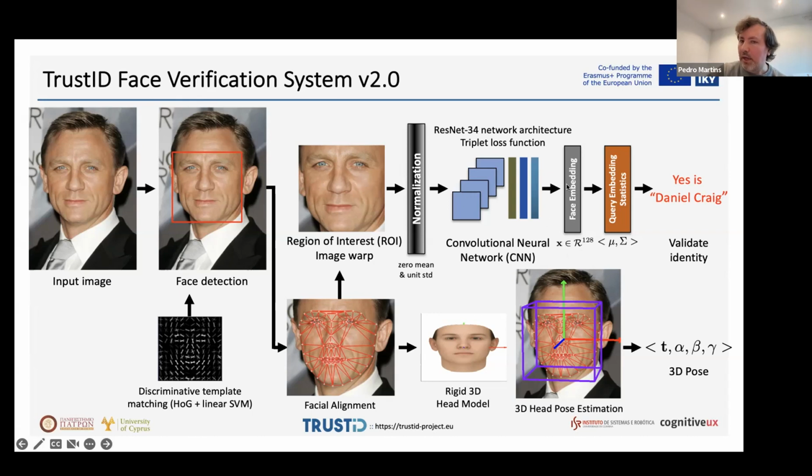Using this vector of attributes, we query the statistics of those attributes from the training images of that specific user, and decide if this sample actually belongs to this distribution or not. More details later, okay?